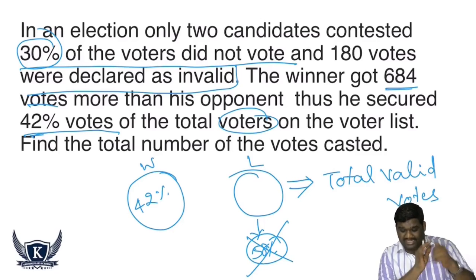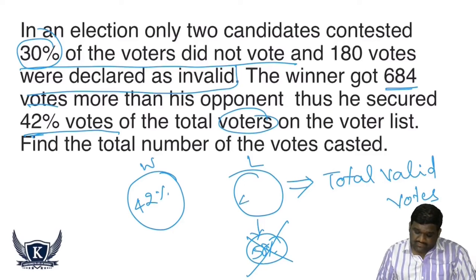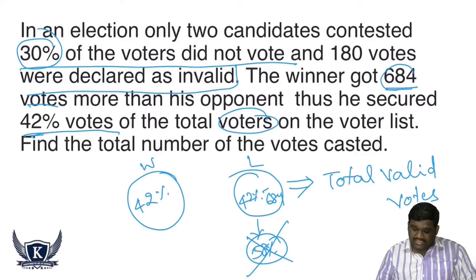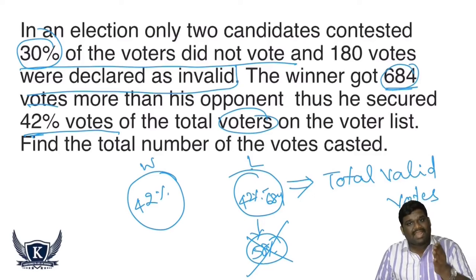This can be taken as 42% minus 684, because he got 684 more votes. So the loser got 684 votes less than the winner.